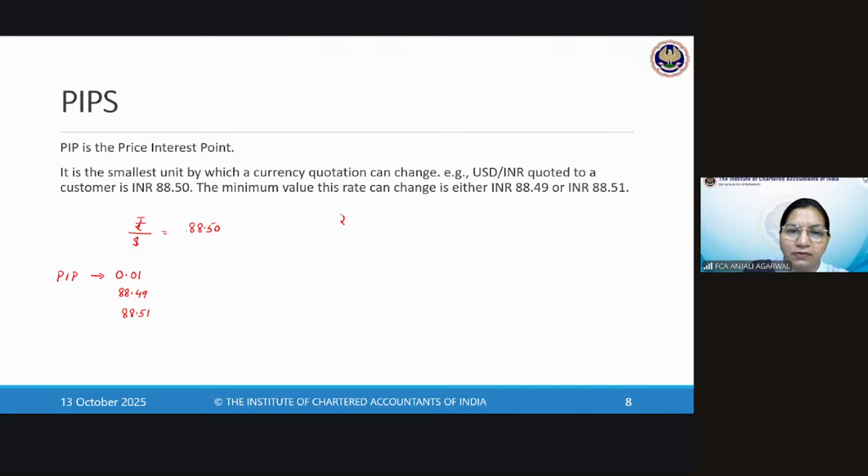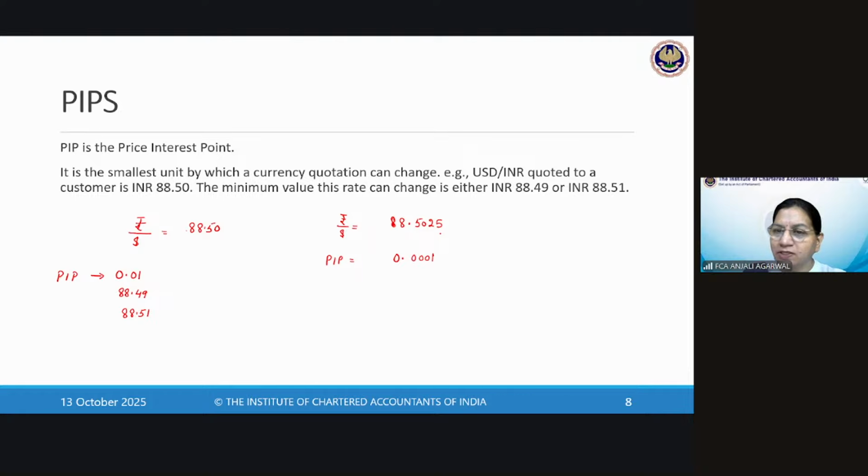The same rupee by dollar, if I had mentioned it as, let's say, 88.5025, you can see that I have expressed the price of the dollar up to 4 decimal points. So the PIP becomes 0.0001, 4 decimals.